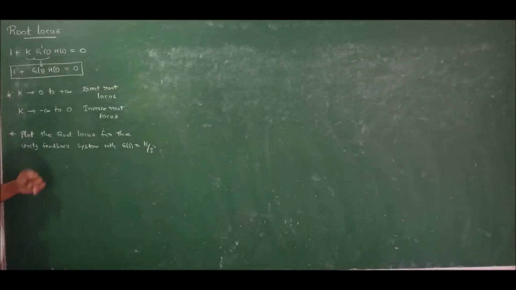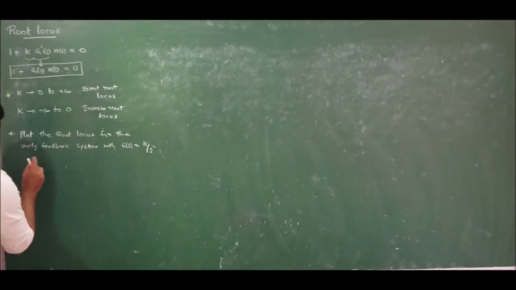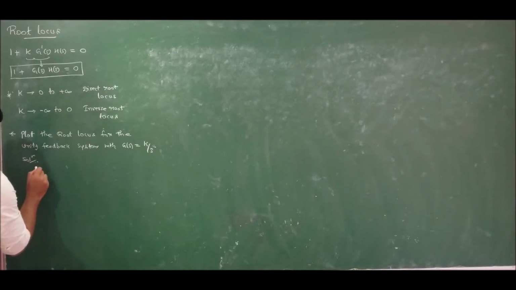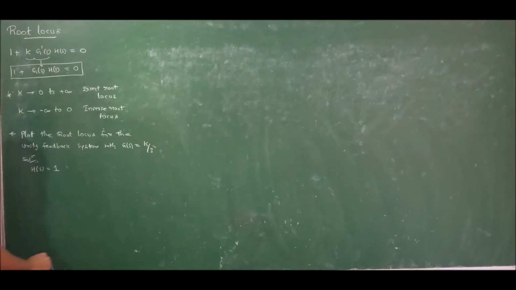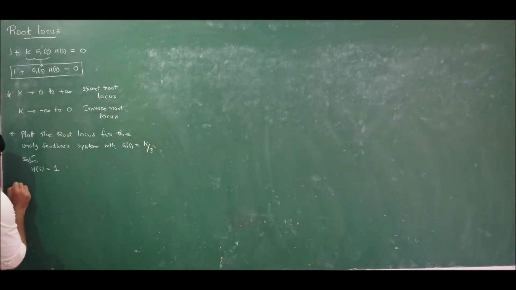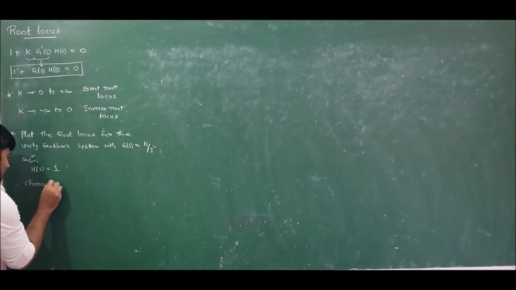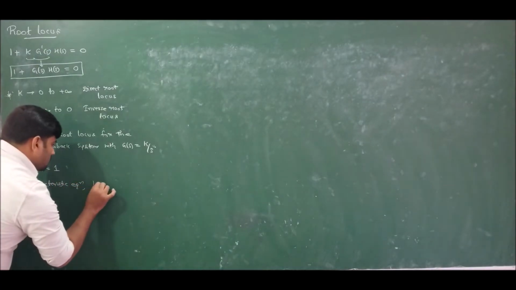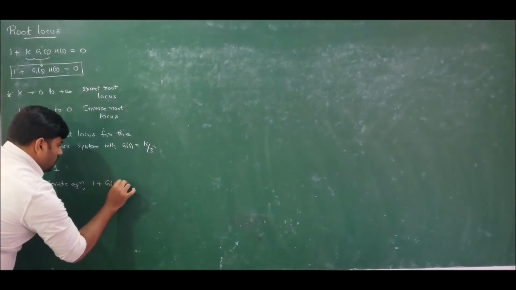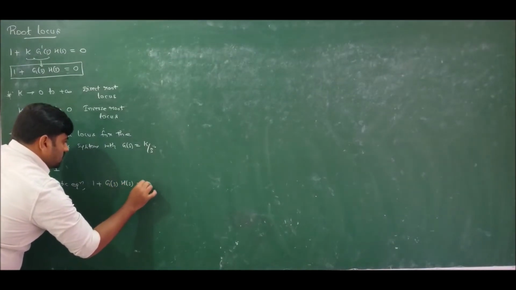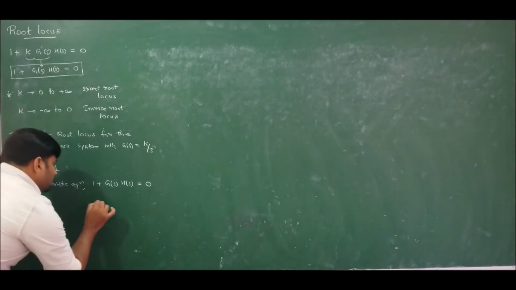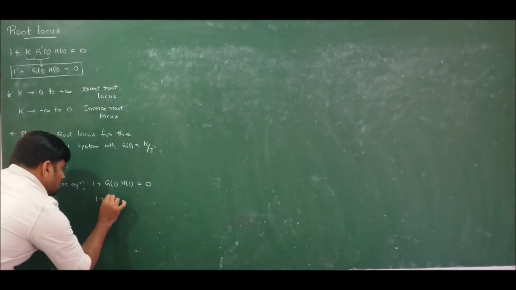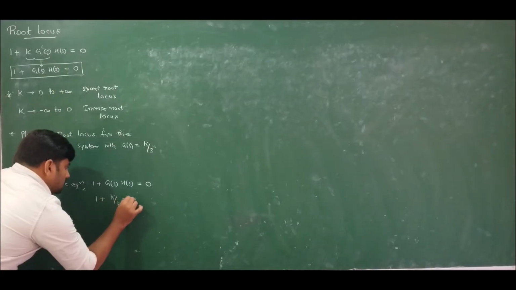I said it is a unity feedback system, therefore h of s should be equal to 1, correct? So what is the solution? H of s is equal to 1 and g of s is k by s, so the characteristic equation, that is 1 plus g of s into h of s is equal to 0, which means 1 plus k by s must be equal to 0.